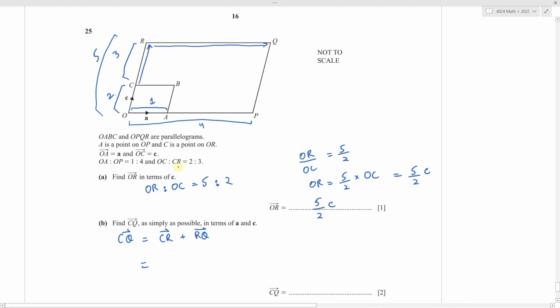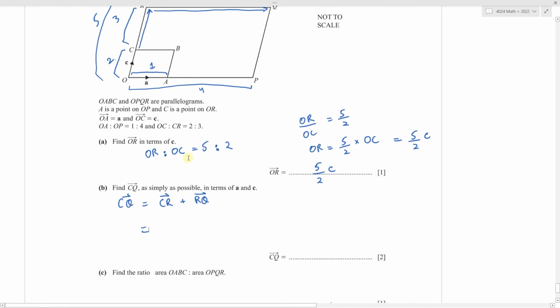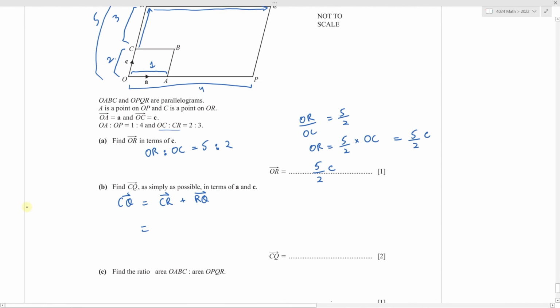You're given this ratio. If I write this ratio as a fraction, I'm writing it the opposite way, CR in the numerator over OC. CR is 2, OC is 3. So CR is 2 by 3 OC. And OC is C, so 2 by 3 C.